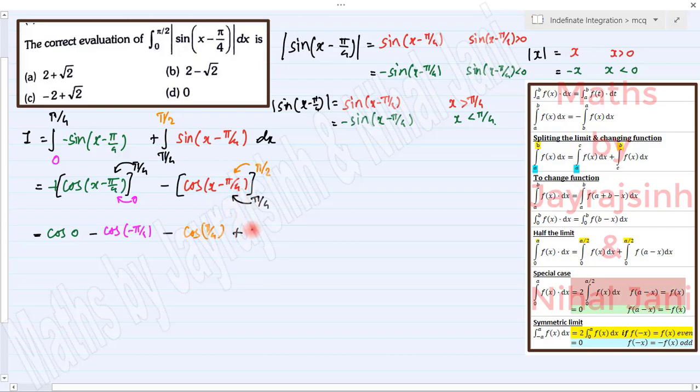From the lower limit, we will get cos 0. So cos 0 will be 1, cos(−π/4) will be 1/√2, minus 1/√2, and plus 1. So here we'll get 2 − 2/√2, or we can say 2 − √2, which is given in option B. Ta-da!